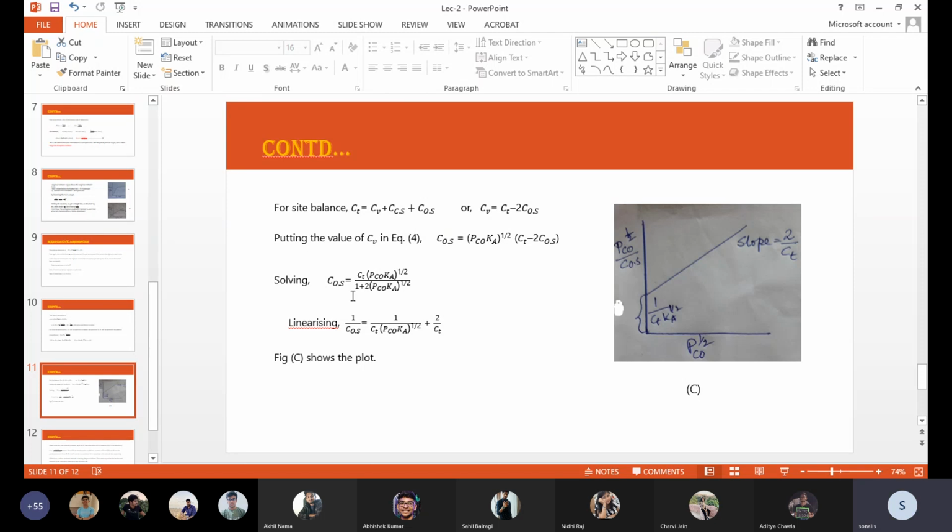Now this is also linearized to get this equation: 1 by COS is equal to 1 by CT PCO Ka root plus 2 by CT.